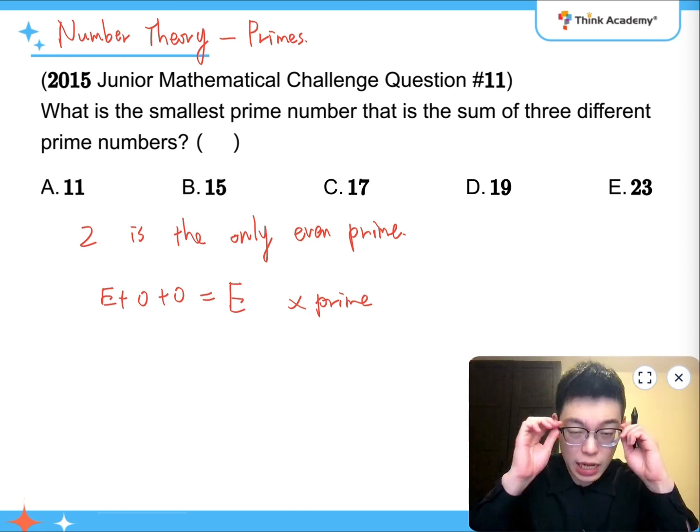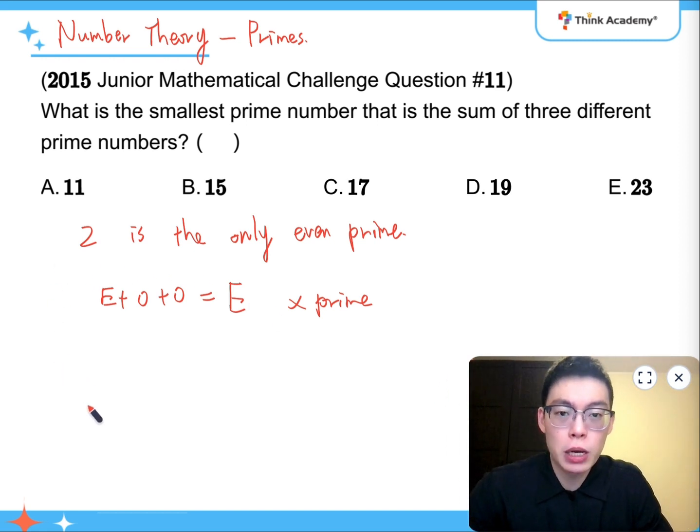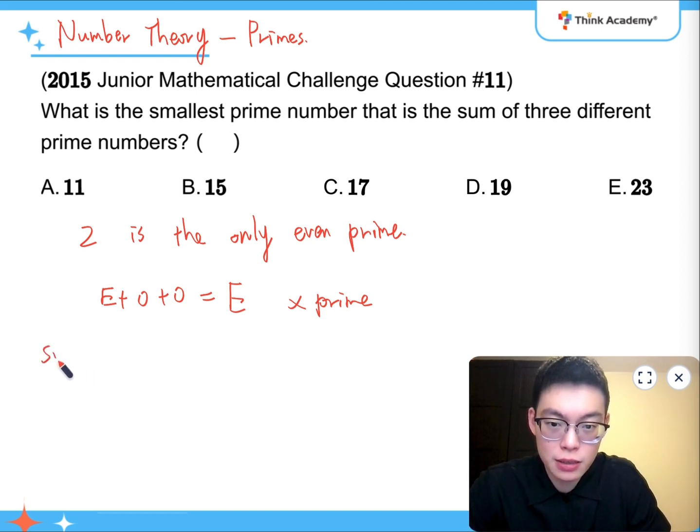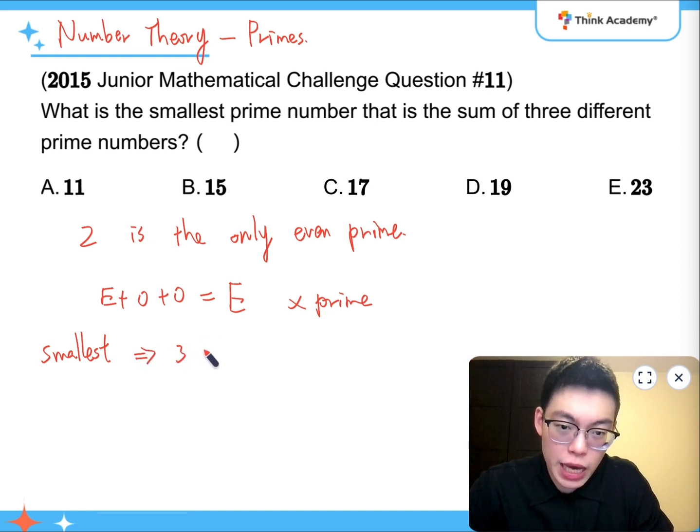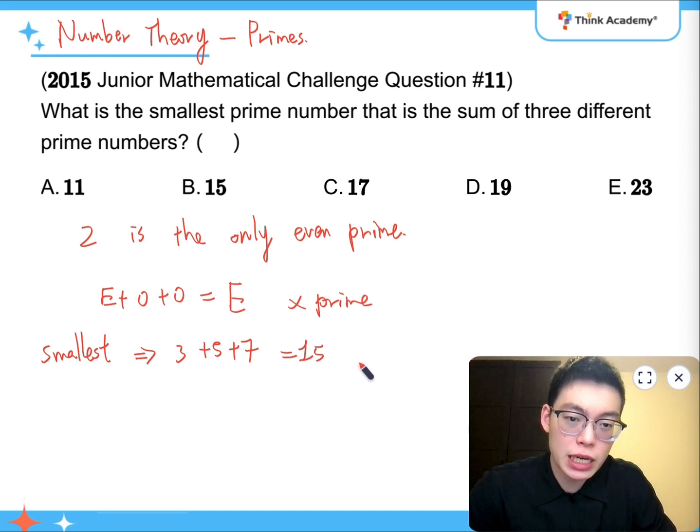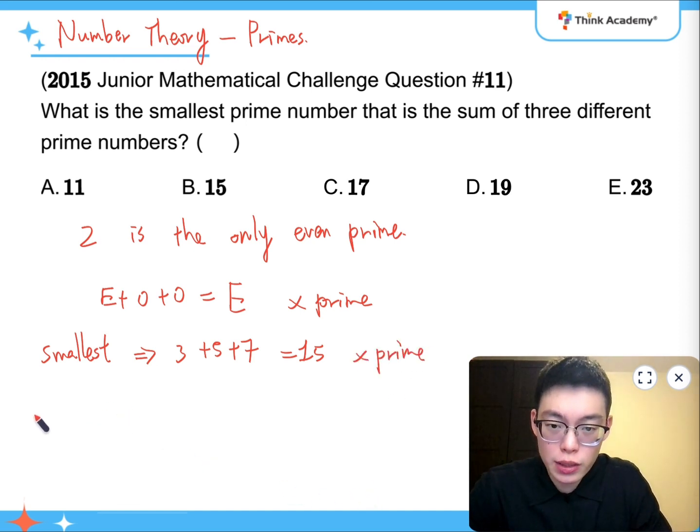So it means that the smallest possible number I can make with 3 odd primes is going to be 3 adding 5 adding 7. That's 15. But 15, again, it's not a prime. So I'm looking for the second smallest.